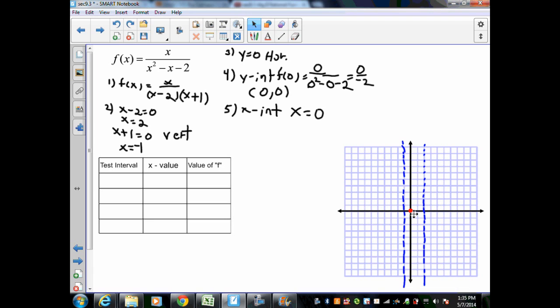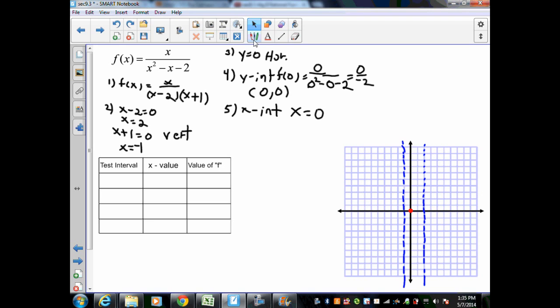Now it looks like I need to find quite a few values. I need to find 3 values from an interval from negative infinity to -1. I need to find at least 2 more values between my vertical asymptotes of -1 and 2, and at least 3 values from 2 to infinity.